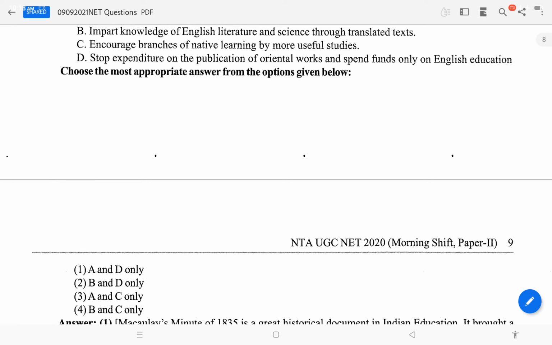So he completely stopped Oriental education in India. He advocated the shutting down of all colleges where only Eastern philosophy and subjects were taught. So he completely stopped Indian education in India.